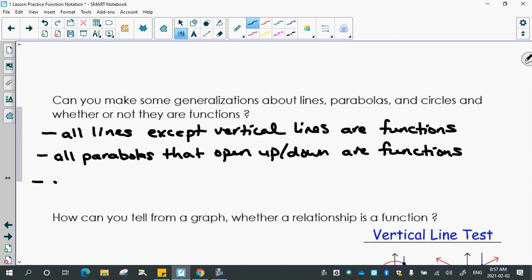And all circles are not functions. So on our 3 things we know from grade 9 and 10, we can make some important generalizations there. Every single line, unless it's a vertical line, is a function. All parabolas that open up or down are functions. All circles are not functions. Okay.